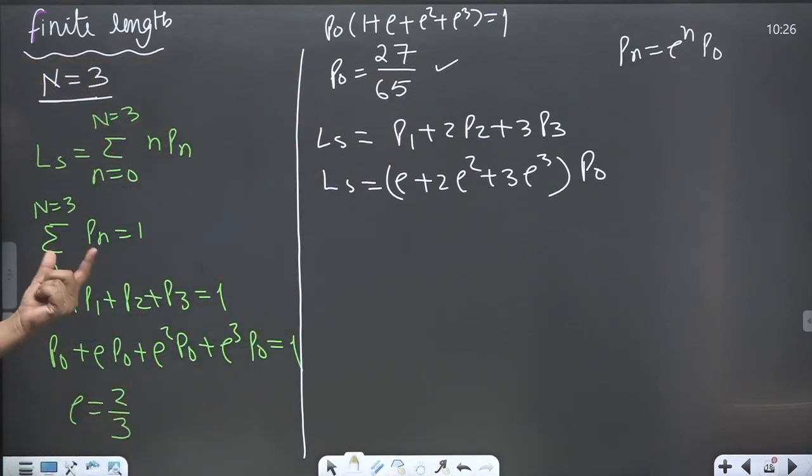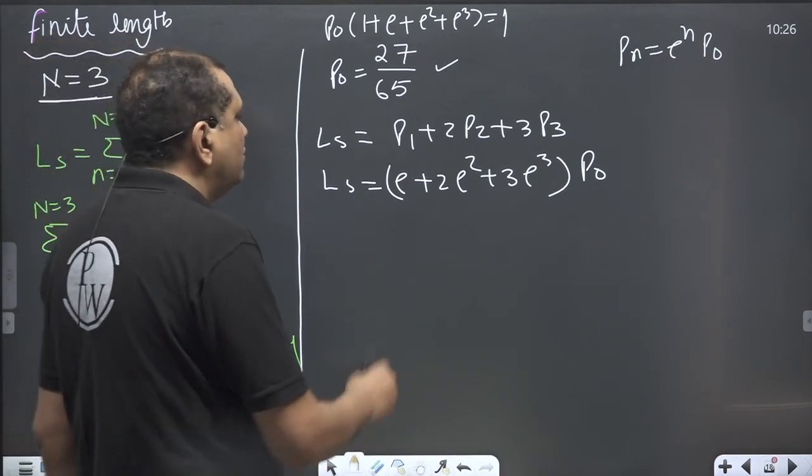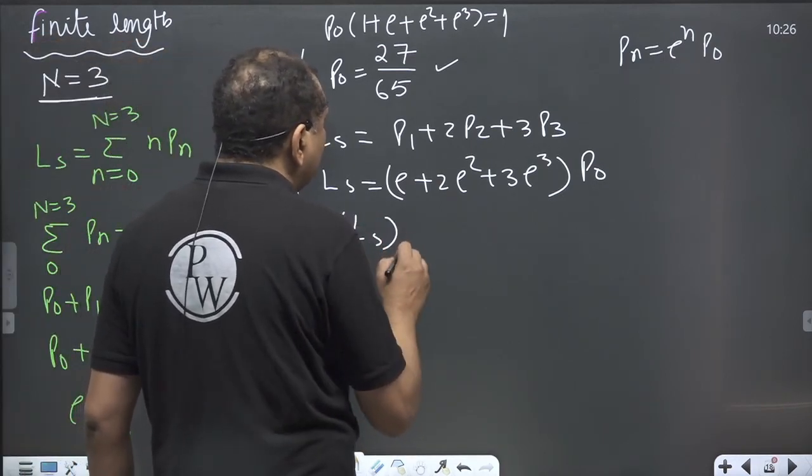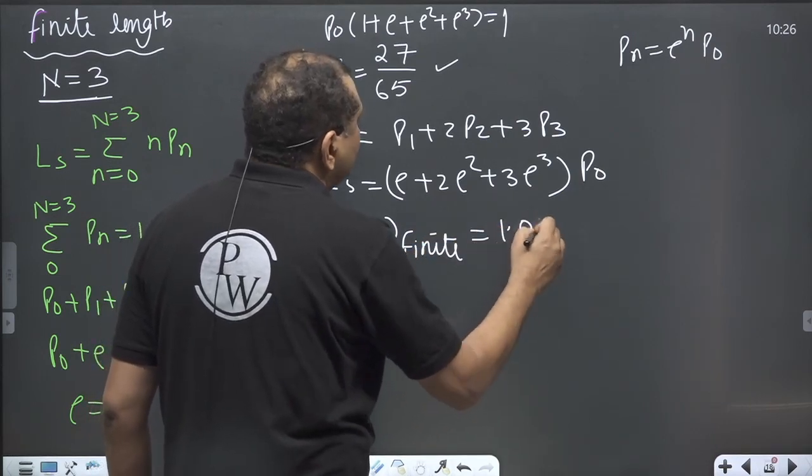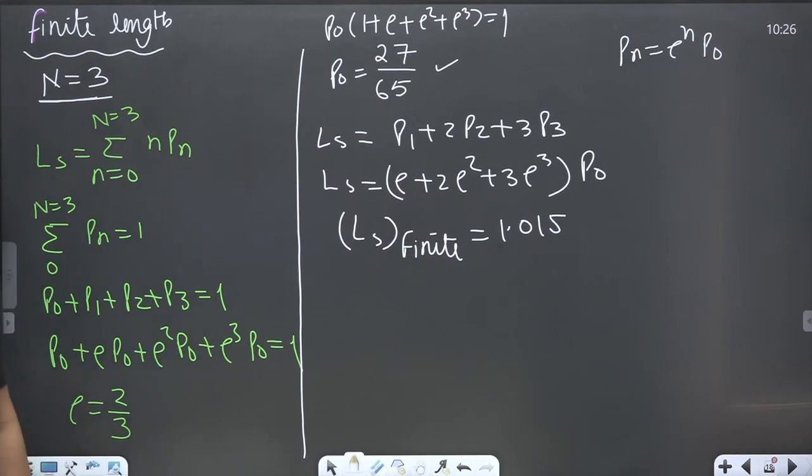Rho is given, P0 is given. You can calculate LS finite. So this is LS finite, which comes out to be 1.015. You can do the calculation.